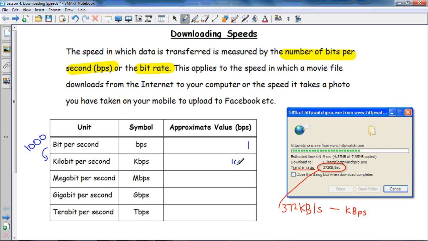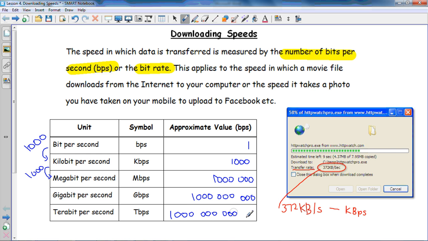But here with our bits, they are what we are used to with our conversions of 1,000. So then going to mega, we're multiplying by 1,000 again, which gets us to 1 million. 1 giga, multiplying by 1,000 again, gets to 1 billion, 9 zeros. Then we get to 1 terabit per second, which is 1 trillion.